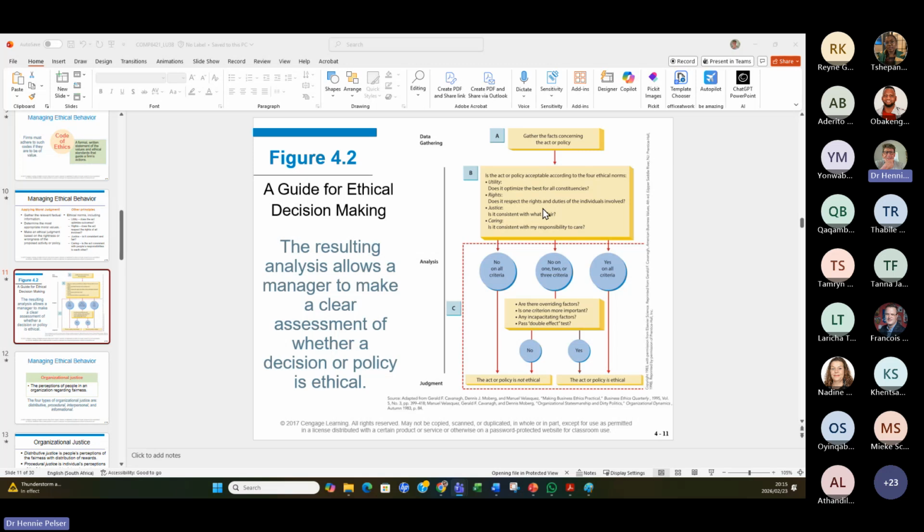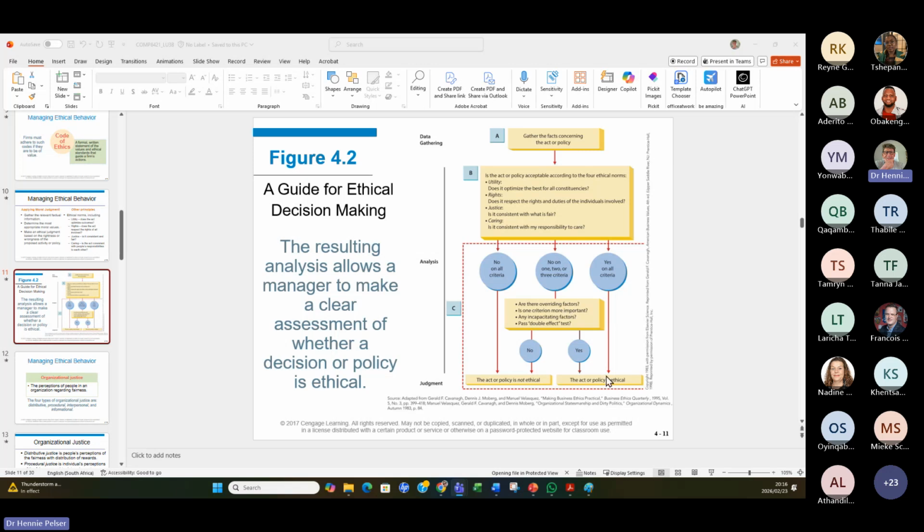And then look at each of these. So guys, if there are no specific criteria met, then whatever you want to do, you are taking an unethical decision. If it meets 1 or 2 criteria, then you can look at other extenuating circumstances and make sure that you test this and retest it.